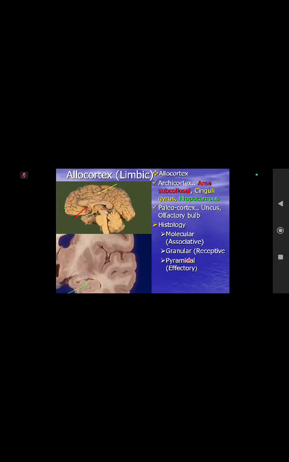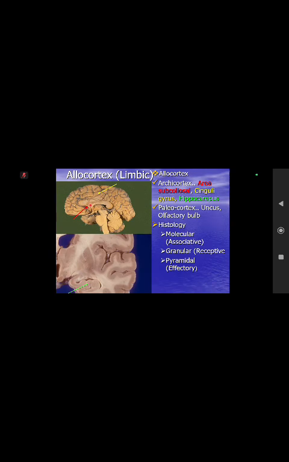The pyramidal layer consists of large pyramidal cells. These pyramidal cells are sources of axons. The axons from these pass very close to the ventricle, forming what we refer to as the alveus. And those connect to what we refer to as the fornix, so that we can now have that information going to the rest of the cerebral cortex.